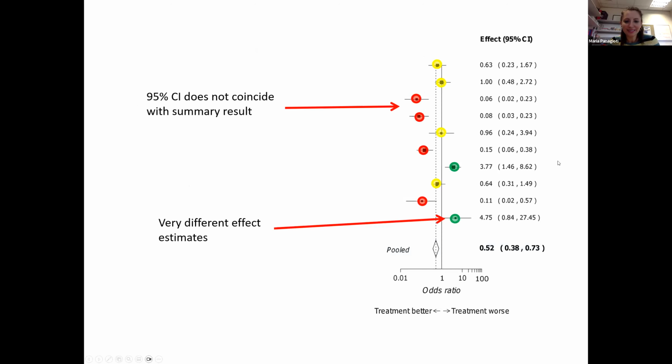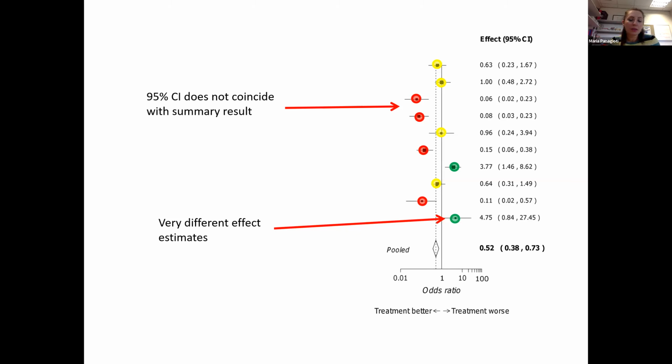Next. Yes. So if you see more specifically, we've got a couple of studies which show very positive effects. We've got a few studies which show negative effects, and we have a number of studies in yellow which show almost nothing. So we've got a huge variation, and we don't know why there is this variation. It might be really reasonable. It might be because some of the studies used a different dose of a treatment, or a different variation of the treatment, or a different follow-up point.